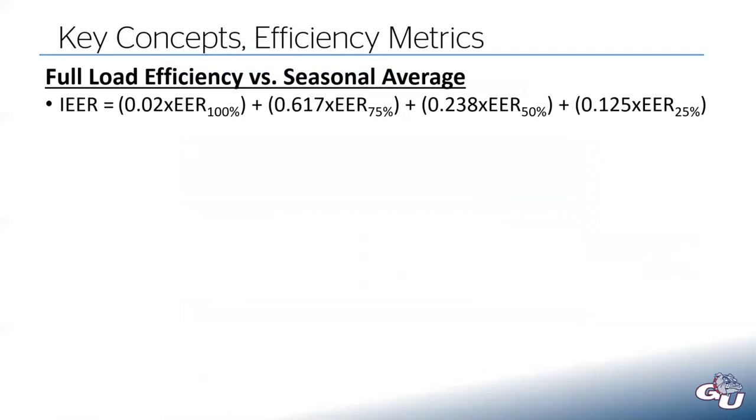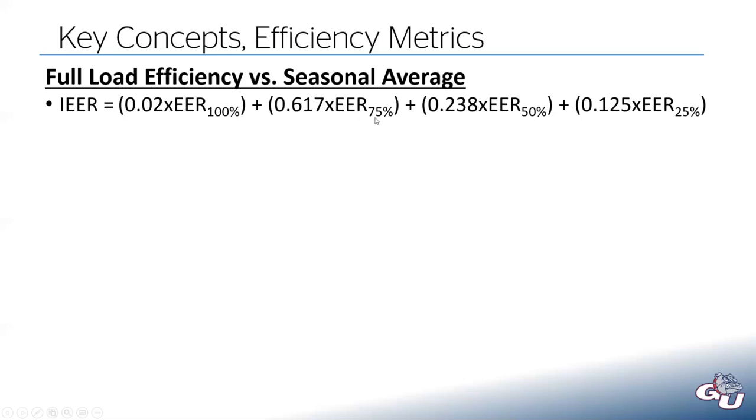which might make your head spin a little bit, I won't read it out, but the idea here is they are trying to average out the EER across multiple operating conditions. So this first term has them test the EER at a 100% load, and then they weight that with a 2% weight factor.